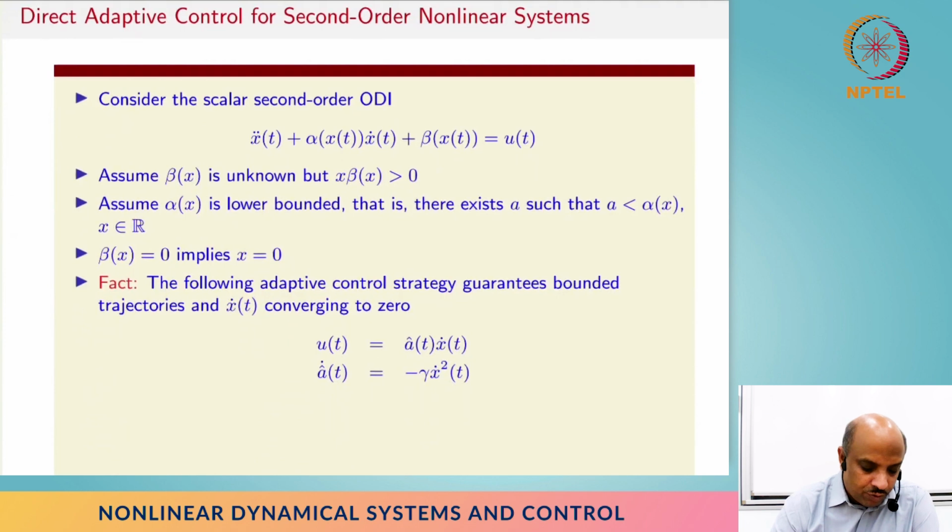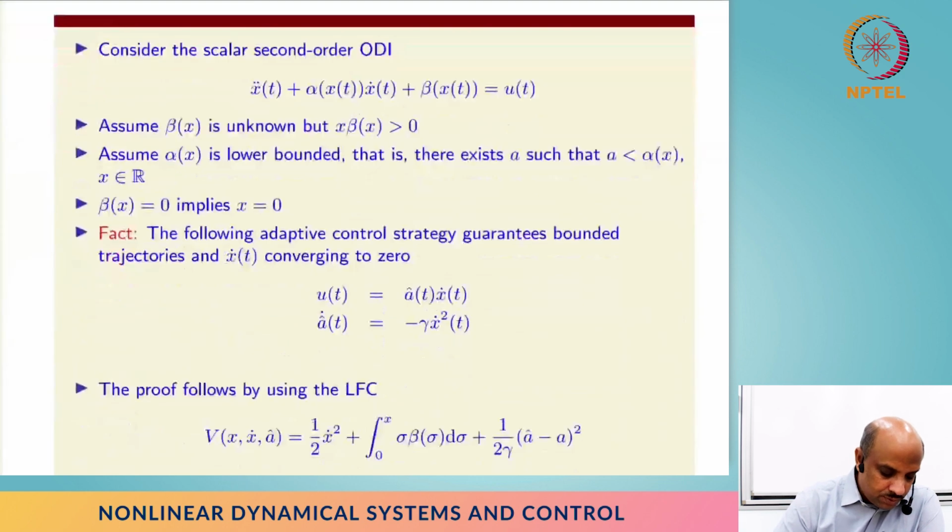So u of t, therefore, I'm going to pick with this estimate a hat, and a hat is going to be this update law. Okay, so how does this work? Well, the proof follows from this particular Lyapunov function. Let me show. This is interesting enough.